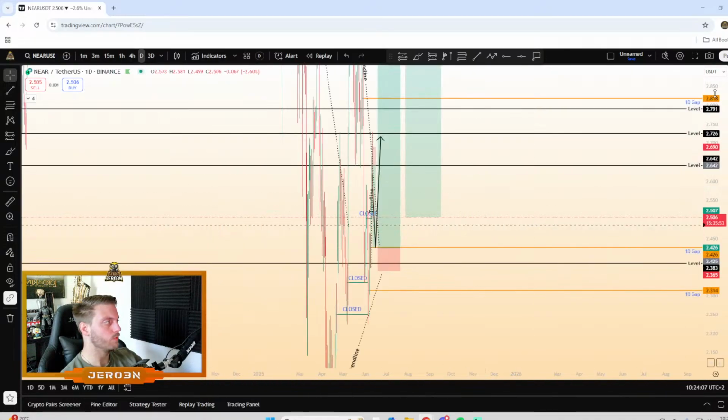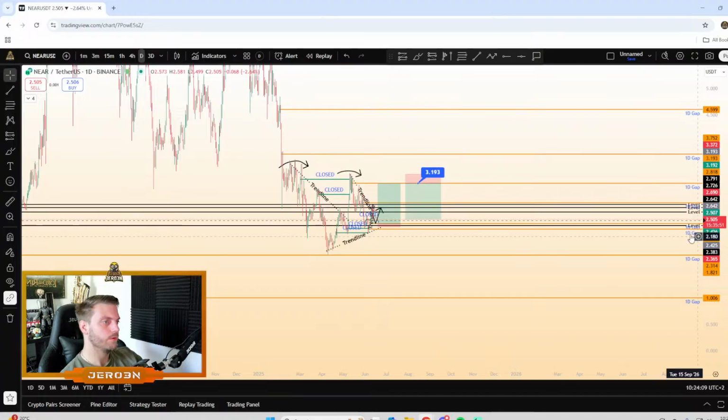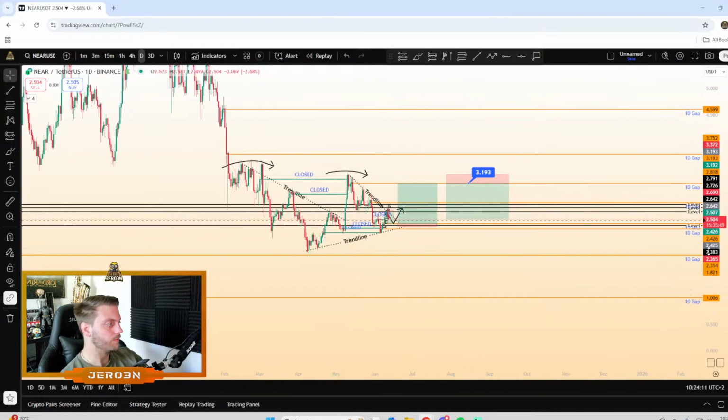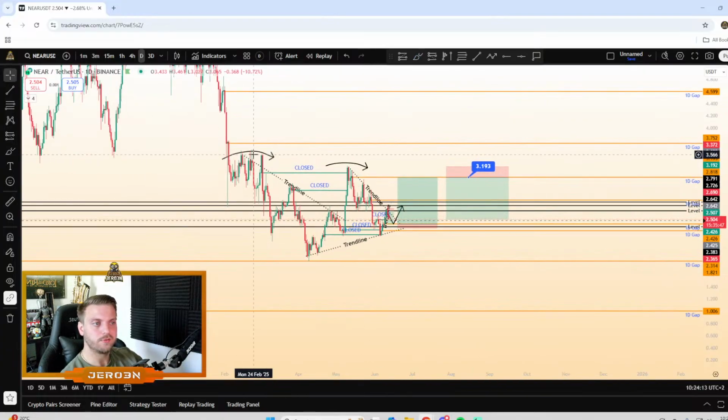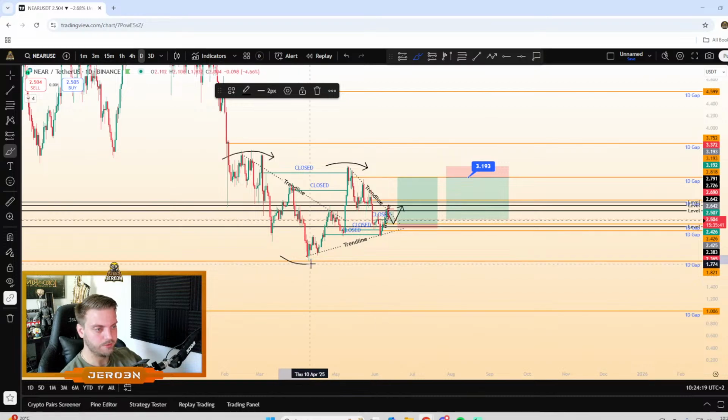Zoomed out even more on the daily, we had this high and lower high, where eventually we created this low and the lower low. We now created that higher low.